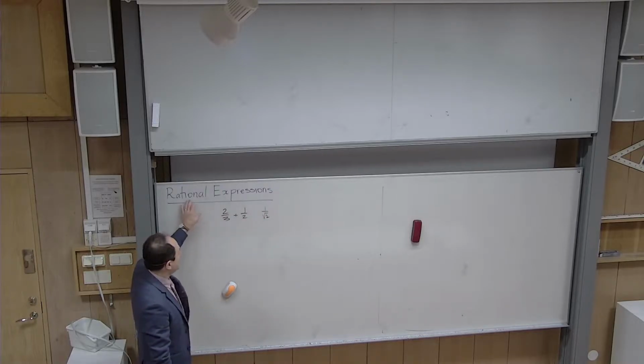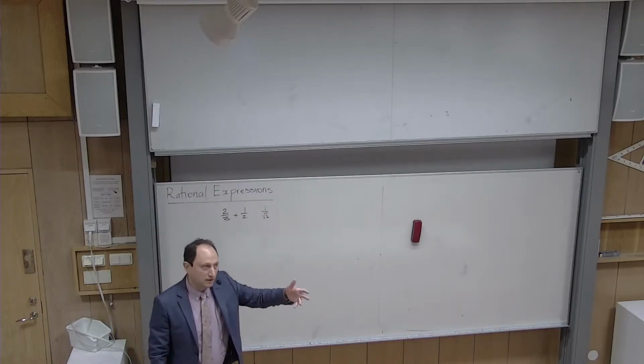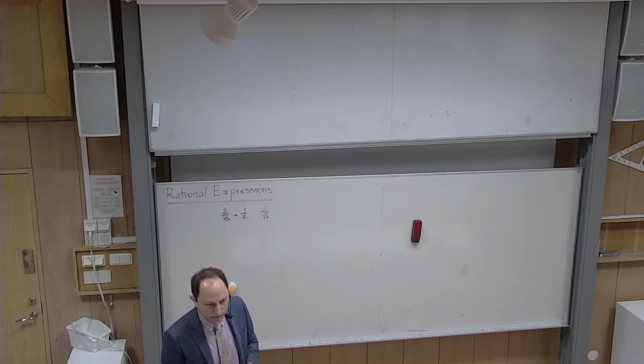And here when I say rational expression, I mean fractions whose numerators and denominators are polynomials. But it's not that we have two different fractions. You wouldn't say that we have two different fractions.